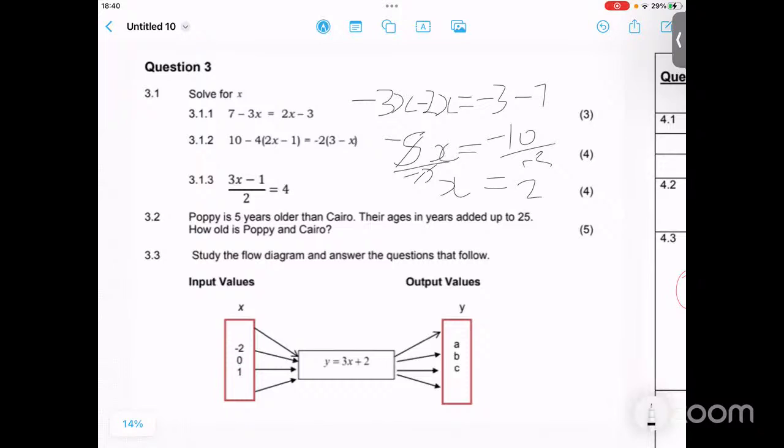Ma'am, we're first going to times -4 by 2x minus 1, which I get -8x plus 1.